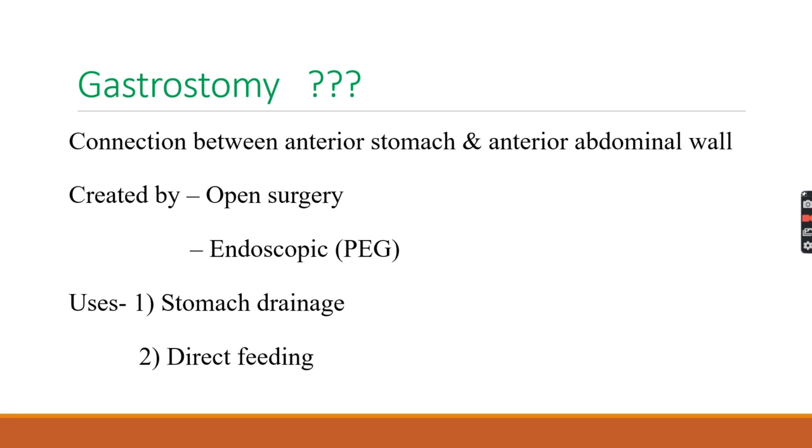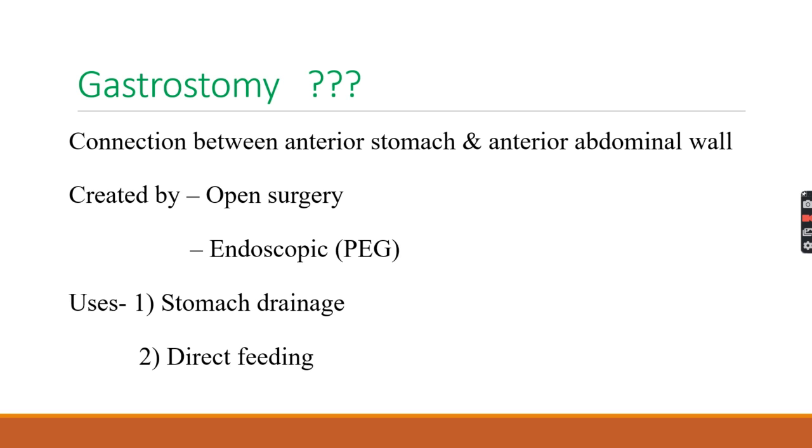By open technique, we can do gastrostomy, and sometimes in very debilitated or unconscious patients, there is a procedure known as PEG, the endoscopic way of doing gastrostomy. PEG is percutaneous endoscopic gastrostomy, right? So we can do it either by open technique or by endoscopy method.